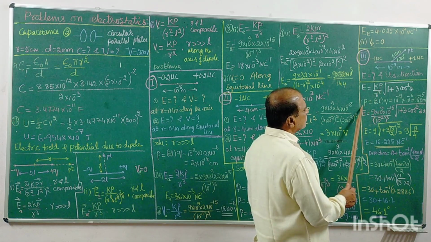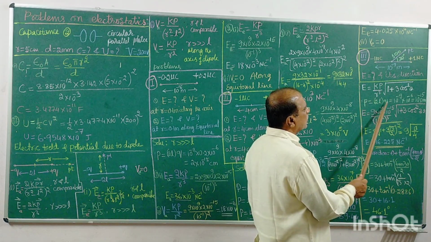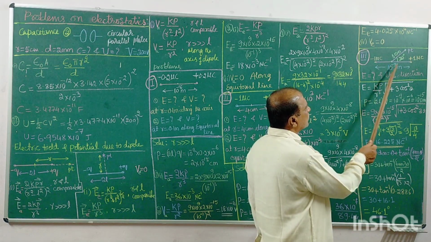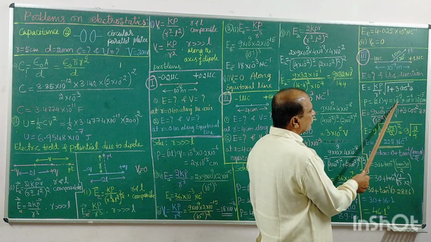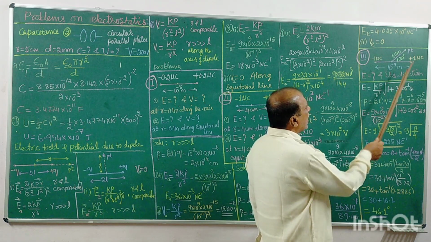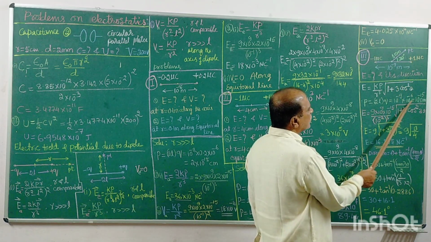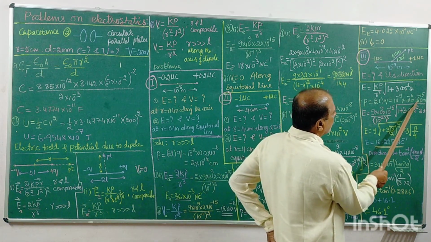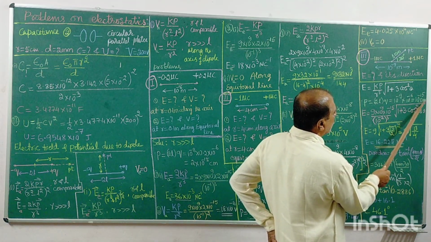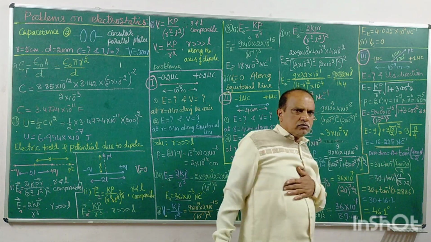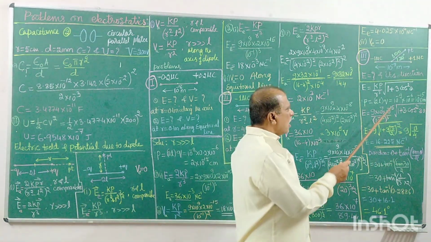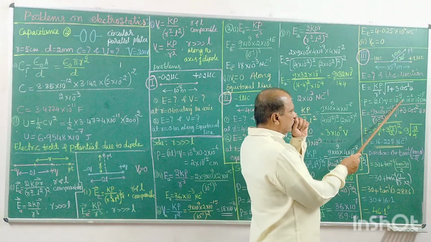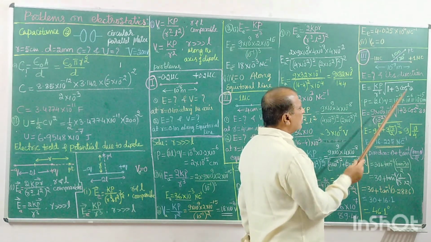Calculate p as usual, 2L into Q. 2L is 10 to the power of minus 9 meter in SI, and the value of Q is 10 to the power of minus 6 Coulomb. Simplify, 10 to the power of minus 15 Coulomb meter is the p value.